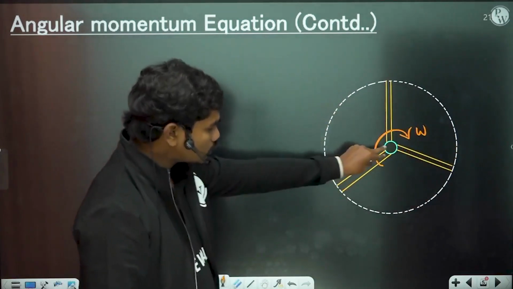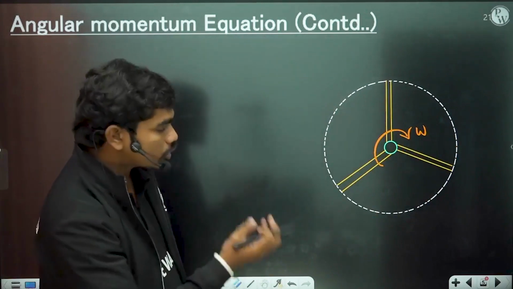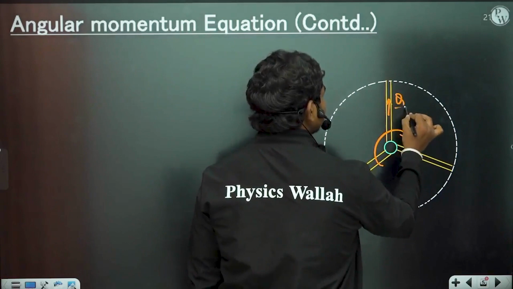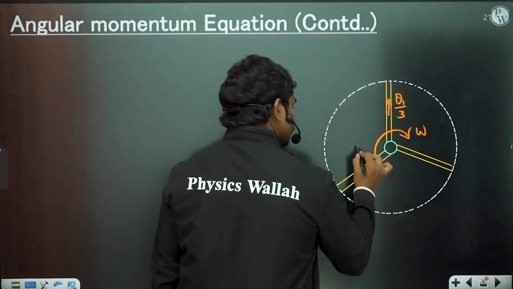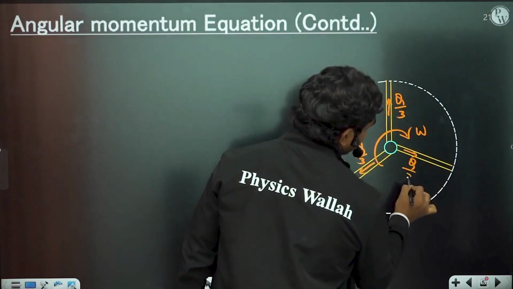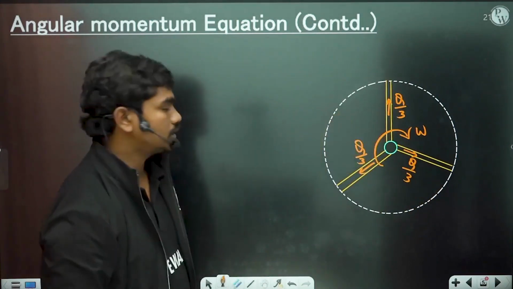So let us suppose through the center there is some discharge Q which is coming into the sprinkler, and this discharge is going into three equal parts, Q by 3, Q by 3, and also you have some Q by 3. So these are the discharges into three equal chambers that are available.